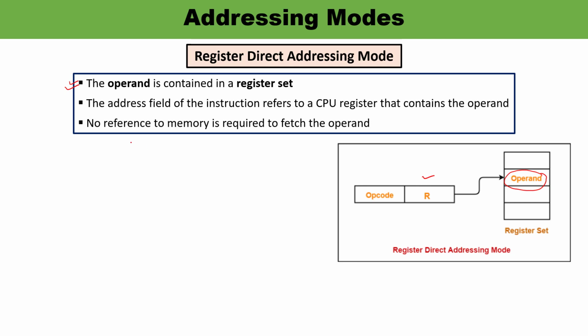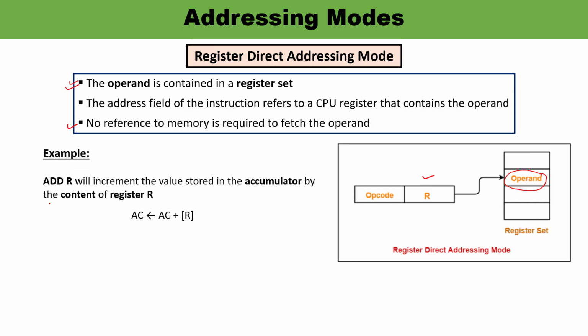And here no reference to memory is required to fetch the operand. Let me brief you with the help of an example. Suppose you are writing add R. It means adding something: add R will increment whatever value is available in the accumulator by the value of R, meaning whatever value is available in the register.